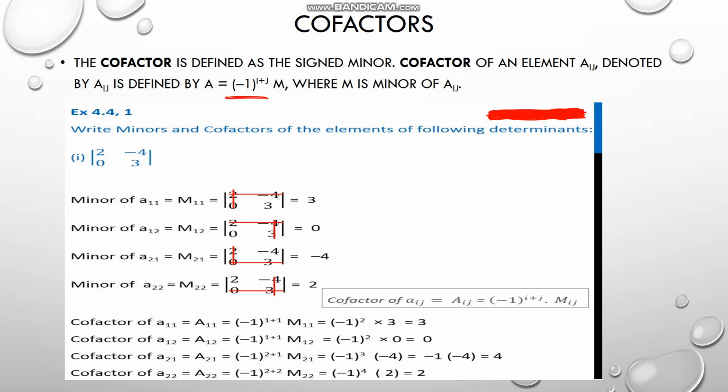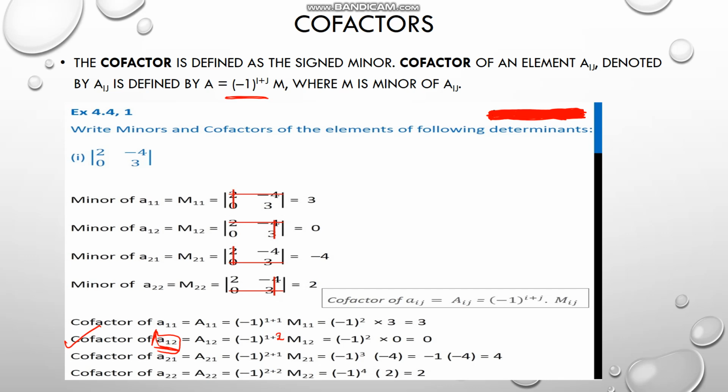If we take the example of the cofactor of A12, that is the first row, second element, we have to multiply by the position value of this A12.